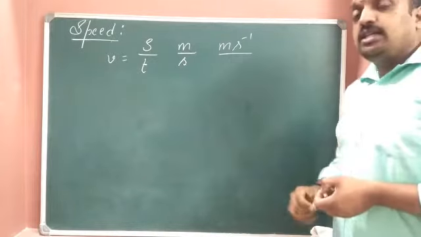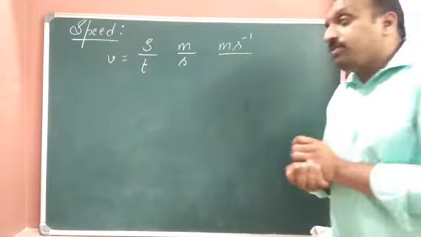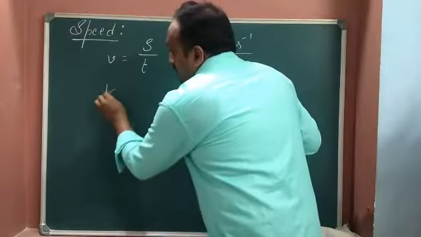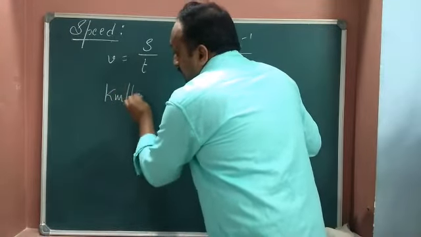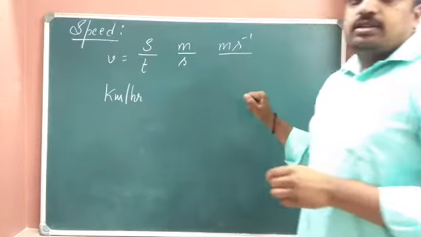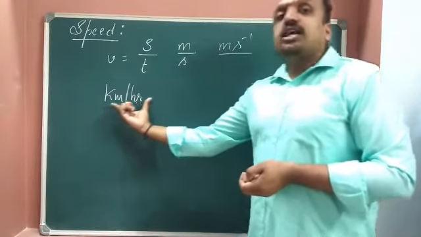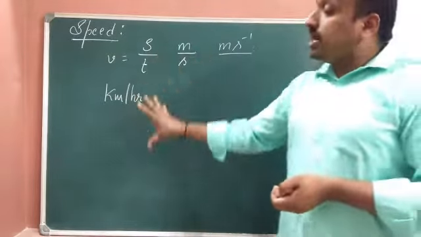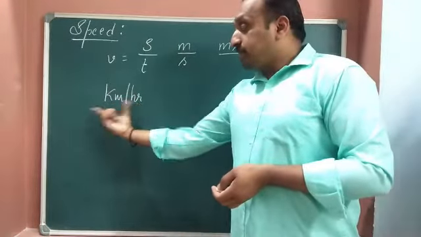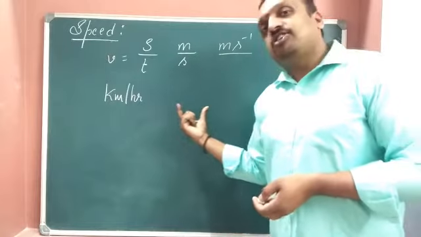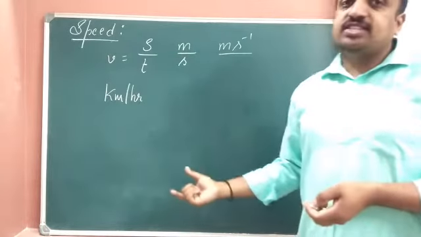But in a speedometer, you might have observed the unit is given in kilometer per hour. This is also a unit, but not the SI unit. How to convert kilometer per hour to meter per second? We are going to discuss that at the end of this session.